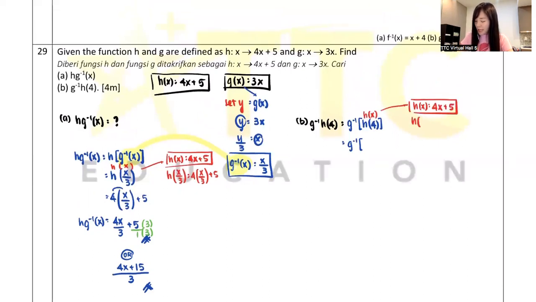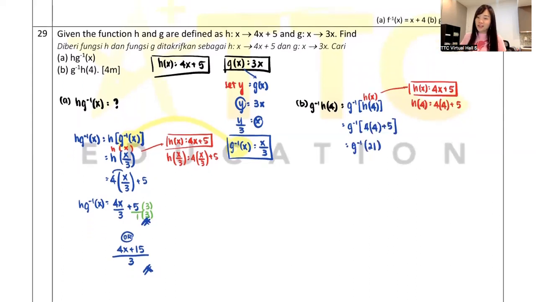Now the question wants to find h4. So look carefully, the x becomes 4, then this x also becomes 4. I should even write inside right here. So 4 bracket 4 plus 5. So 16 plus 5, I think is 21.